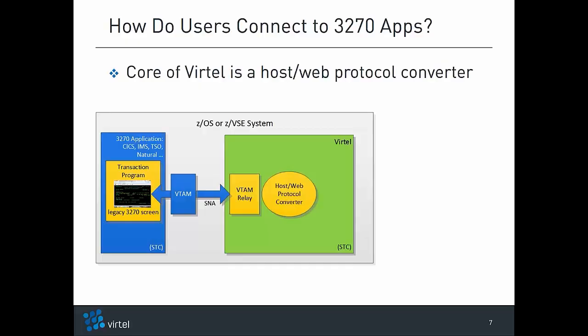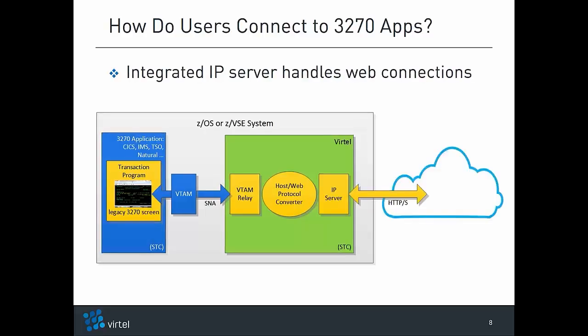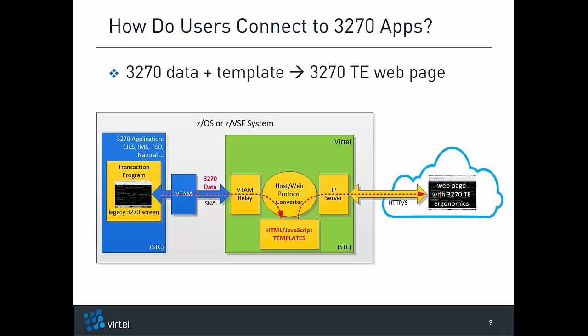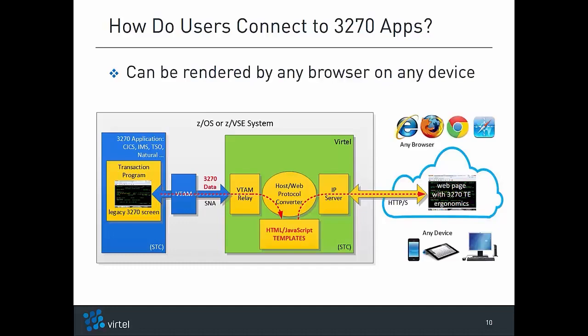But behind the VTAM relay are a protocol converter between host and web connection technologies, and an IP server which manages the HTTP connections with web users. To generate a 3270 terminal emulation web page, Virtel Web Access inserts the 3270 data coming off VTAM into predefined HTML JavaScript templates. The resulting web page can be rendered by any web browser running on any device.